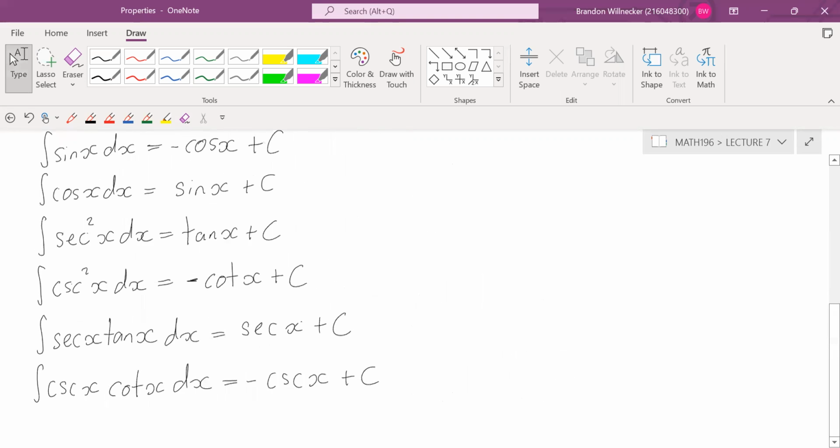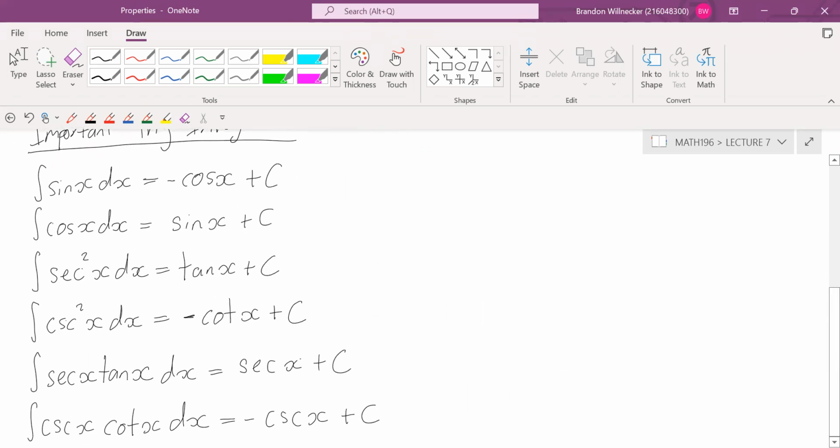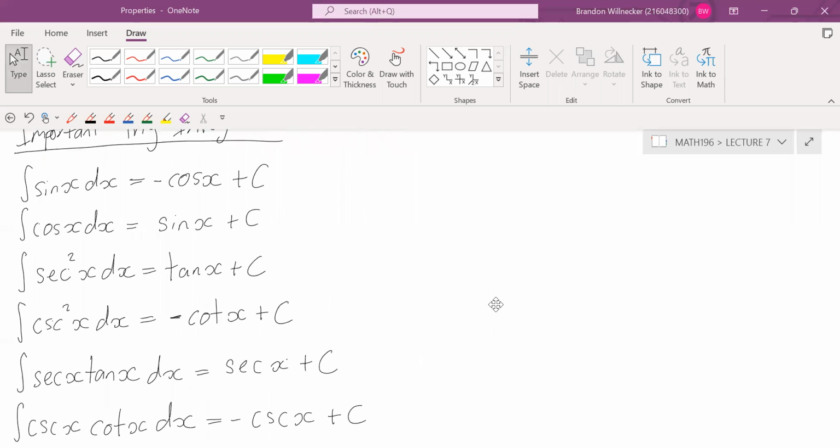Let's zoom out here so you can see all of them. There you go. These are very important. Again, you don't need to prove them. We actually did that last time when we looked at the antiderivatives. I just expect you to memorize them so that you can quickly write down the answers if these come up.